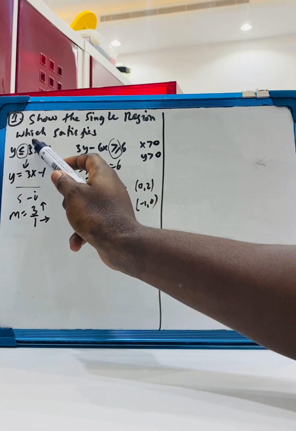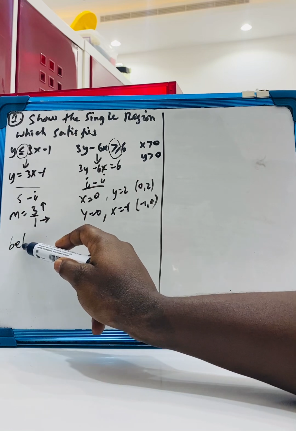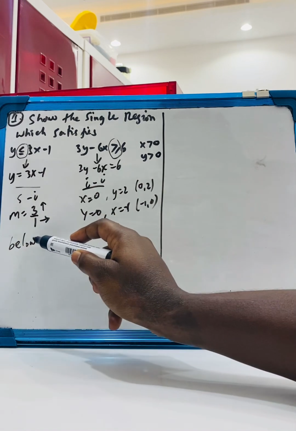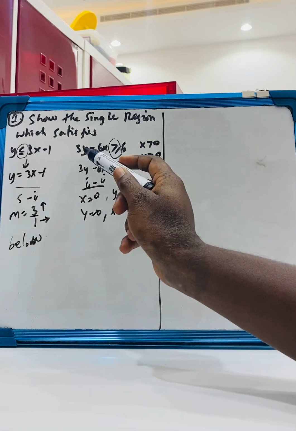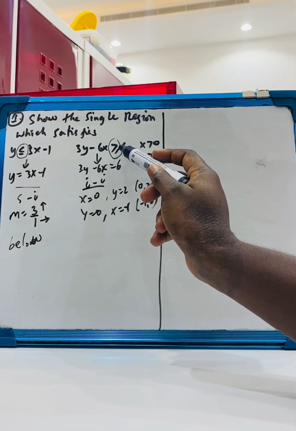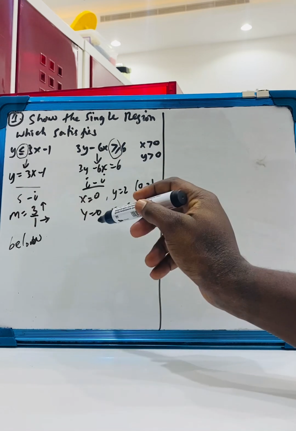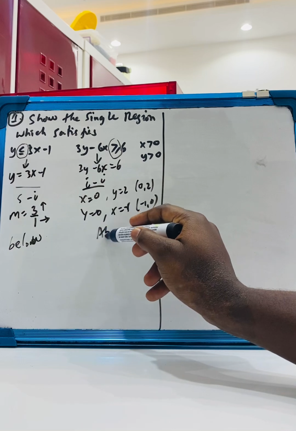Because it's less than or equal to, the solution to this line will be below the line. The coefficient of y here is 3, which is positive, so we don't switch this sign. This sign is greater than or equal to. So the solution to this line, if I graph it, will be above the line.